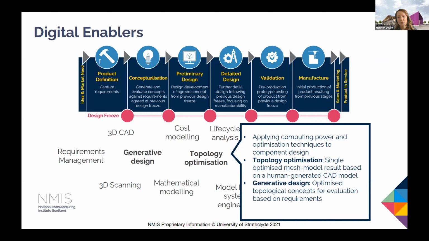Topology optimization takes one complete CAD model concept and returns an optimized concept for evaluation based on the human design model, and returns to the user an optimized mesh model result. Whereas generative design begins with requirements and holdout areas, preserved areas, loads, constraints, based on the project requirements, and then it determines multiple optimized topological concepts that are created for evaluation based on the criteria.